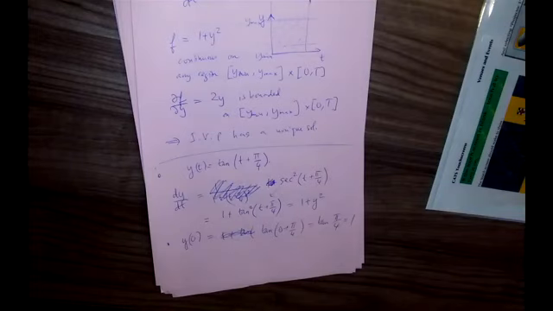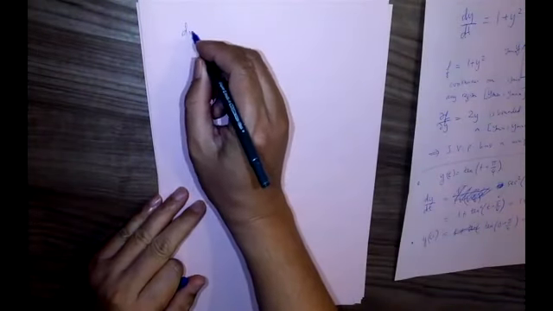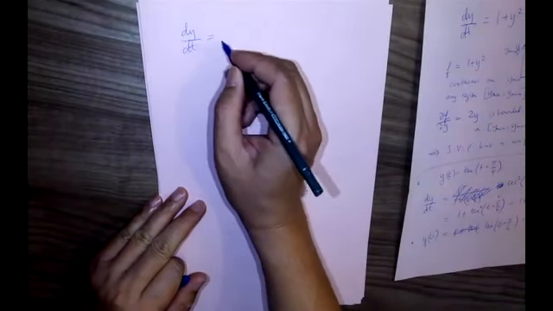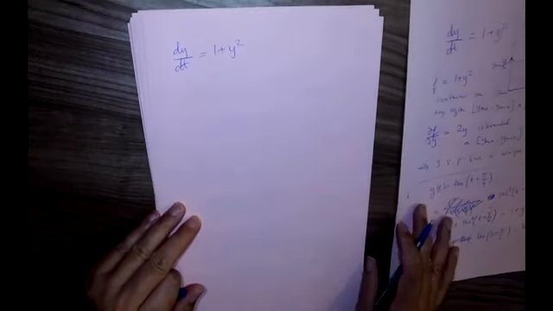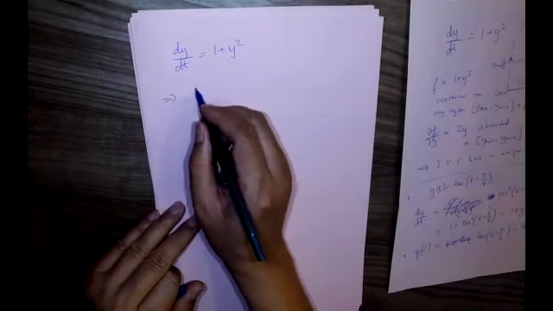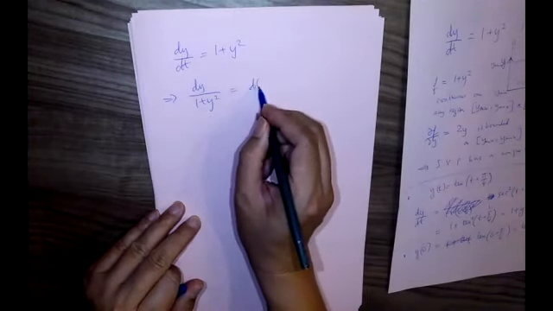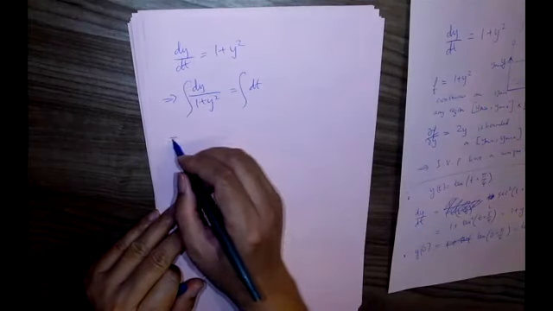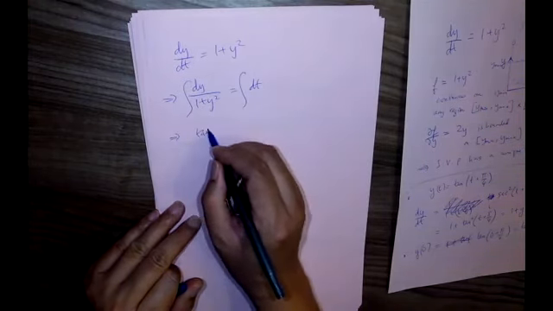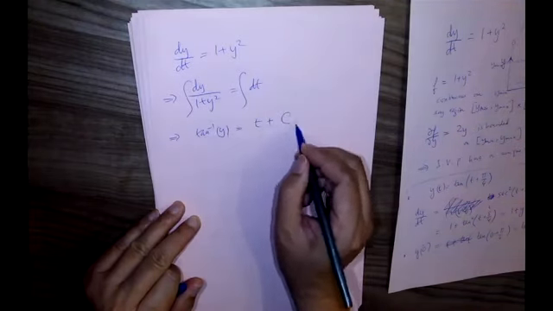And if you were curious how to solve this, if you remember first year calculus, then you can solve it exactly as well. So dy over dt equals 1 plus y squared. You can solve it by separation of variables like this. And this gives you tan inverse y equals t plus some constant.